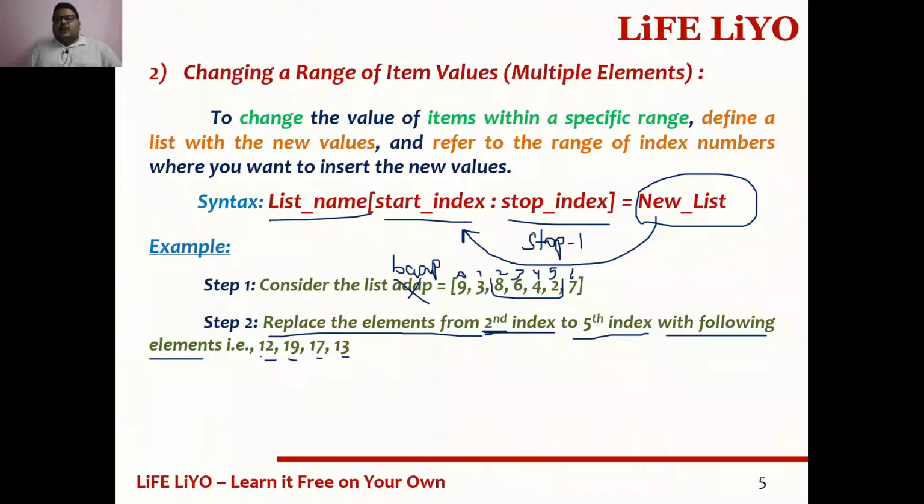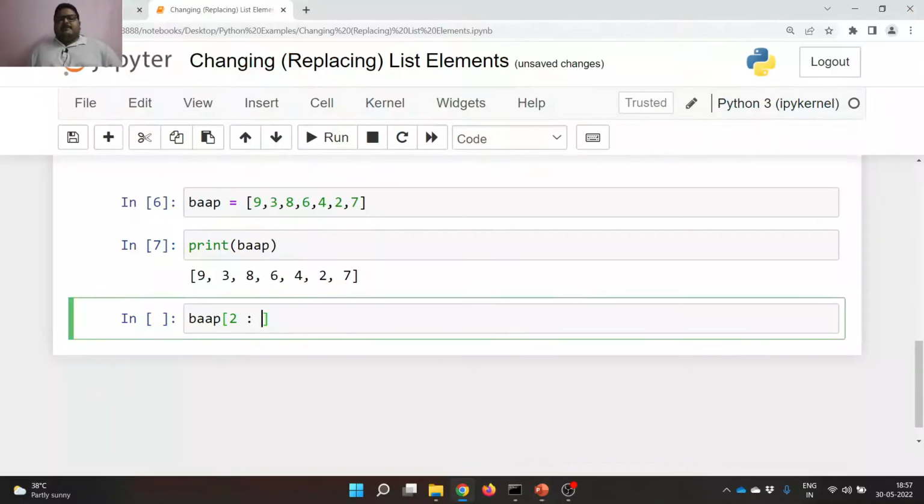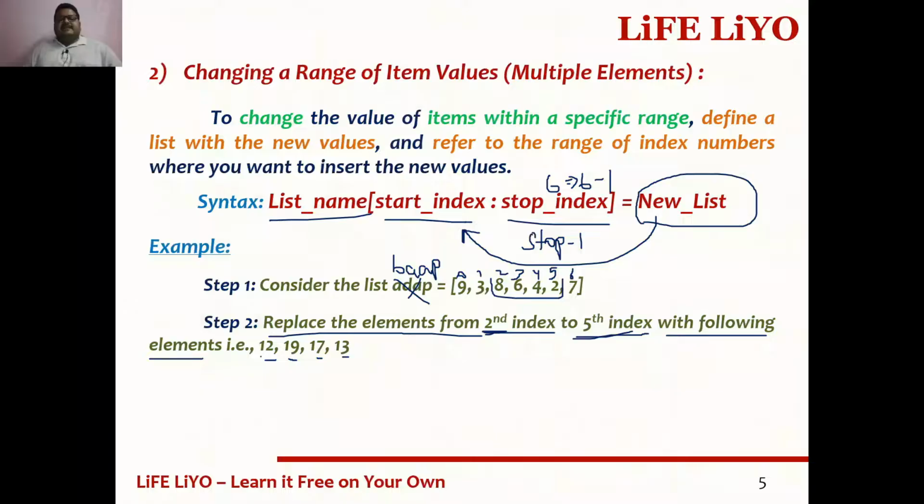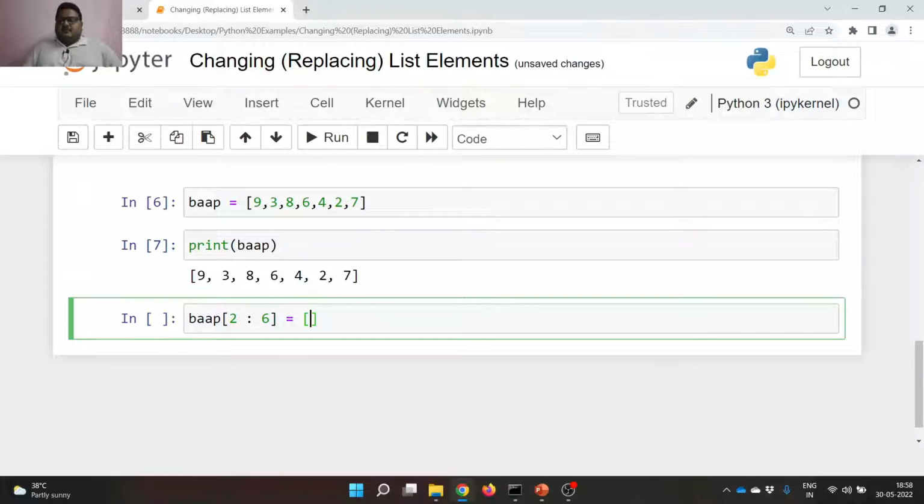Then what is the stopping index? Fifth index. If you want to stop at the fifth, we have to take the stop index as 6, because when you take the stop index as 6, it is going to consider up to 6 minus 1, that is 5 only. So 6 equal to the list elements, that is, the elements you want to change, created as a new list: 12, 19, 17, 13.